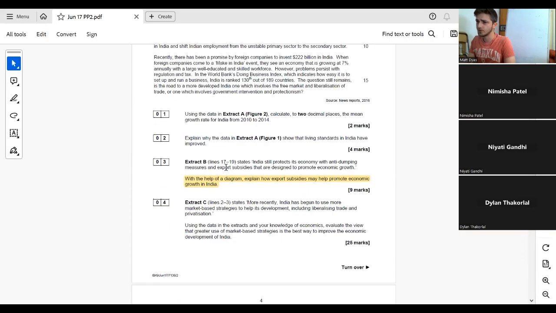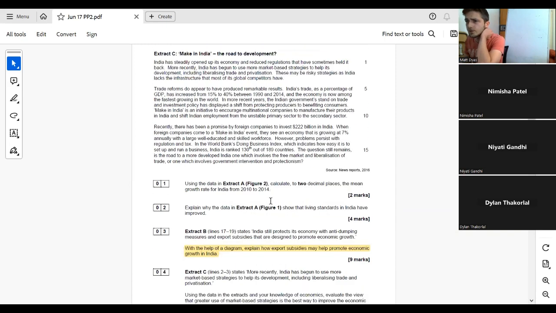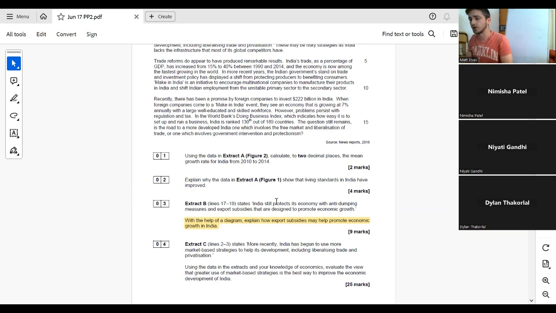So our first nine marker, we've got an extract about development and growth in India. Our question says, with the help of a diagram, explain how export subsidies may help promote economic growth in India. I remember this being quite a tricky one when my students got out of the exam.